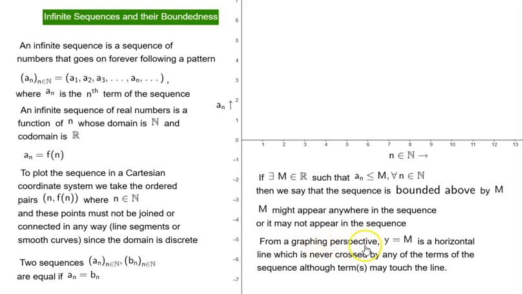From a graphing perspective, y is equal to M is a horizontal line which is never crossed by any of the terms of the sequence, although terms may touch the line. They will never cross the line. So that was bounded above.